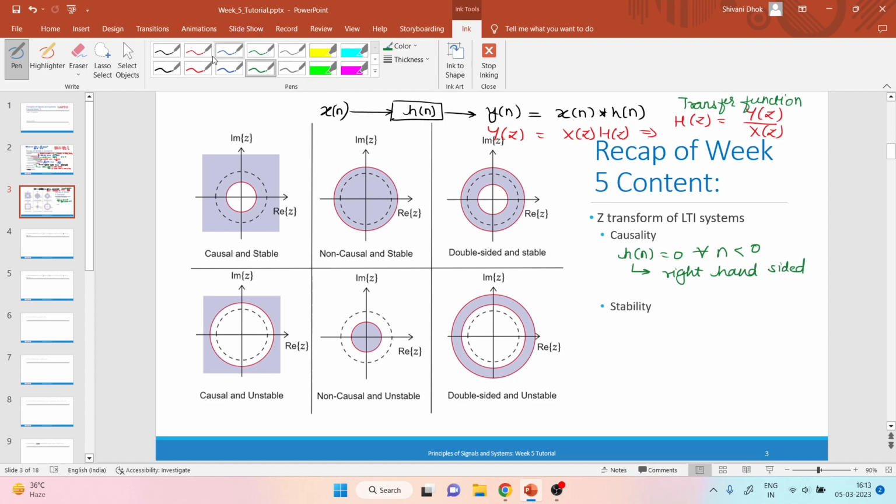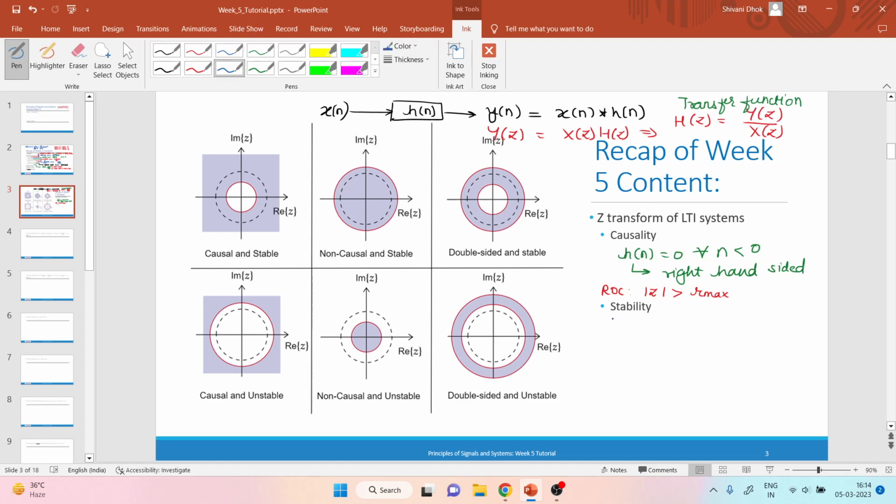And for a right sided signal, the region of convergence takes the form mod of z, that is absolute value of z, is greater than R max, where this R max is the highest magnitude of pole that we can get.